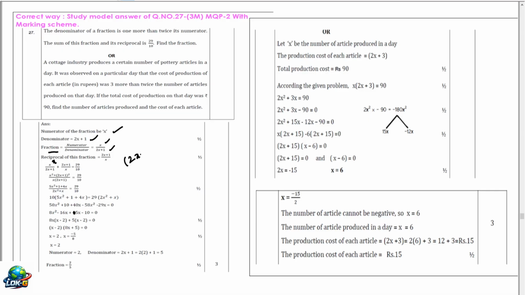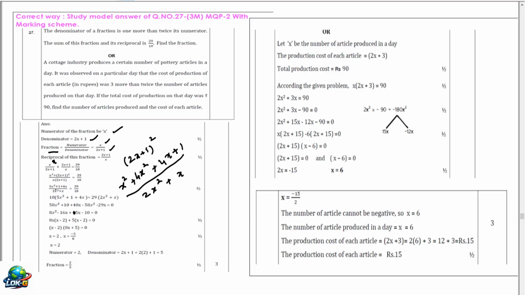You have to expand 2x plus 1 whole square using which formula? a plus b whole square, a square plus 2ab plus b square. 2x whole square is 4x square, plus 2ab, 4x, plus b square is 1. Divided by x into 2x is 2x square plus x.